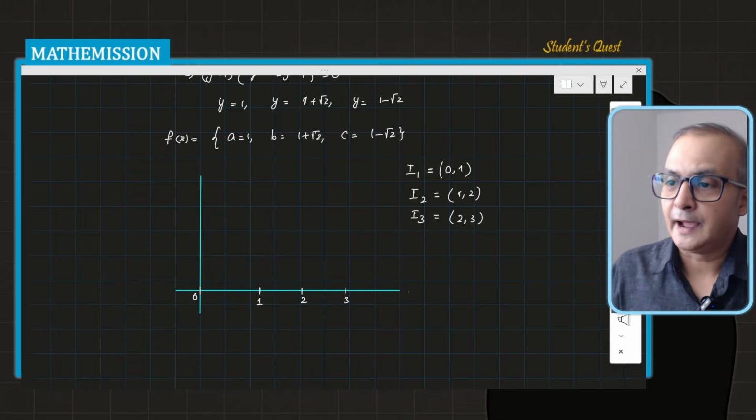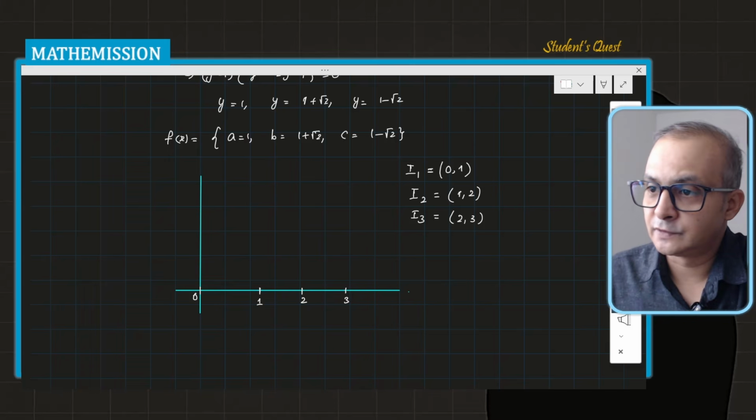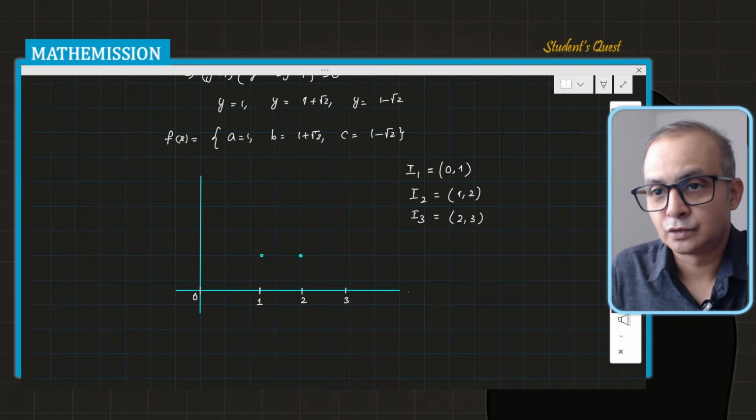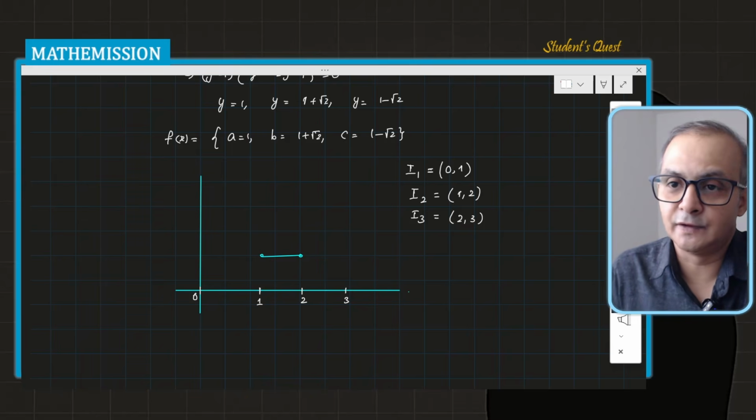I'm focusing on the interval in the middle first. I'm calling this interval I2, 1 to 2, and I'm giving it a value. Let's say this value is assumed a equals 1.